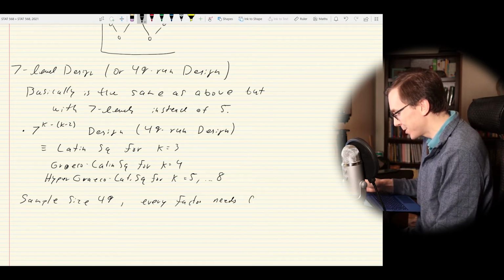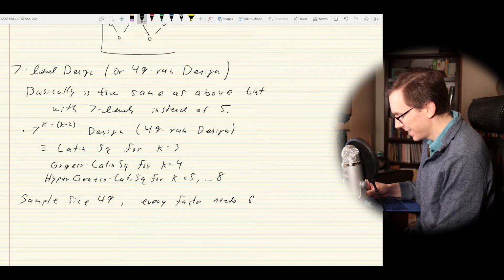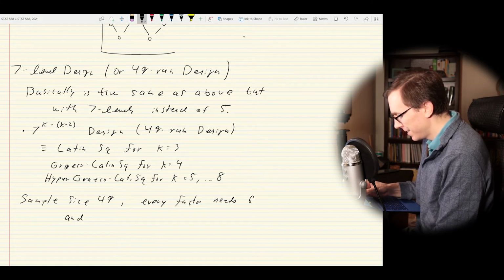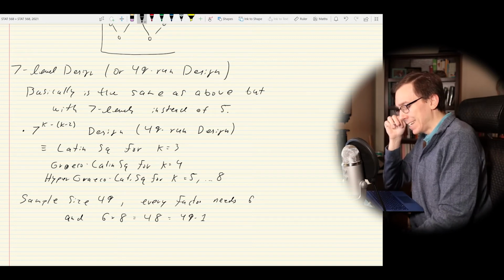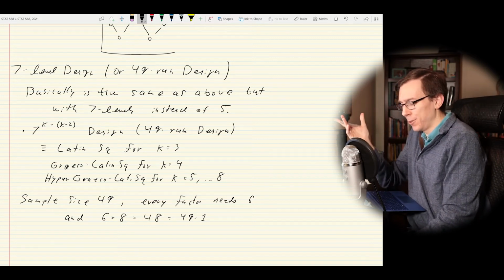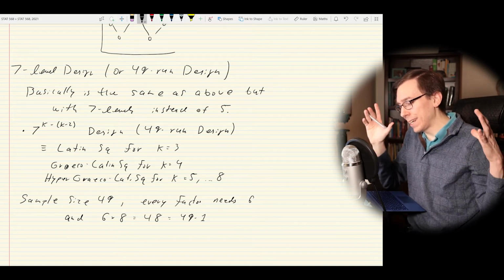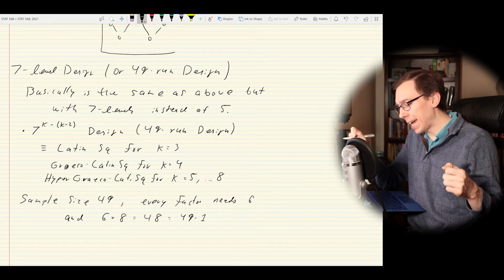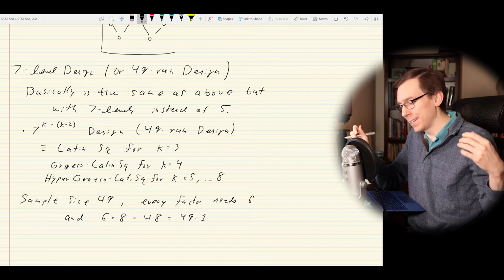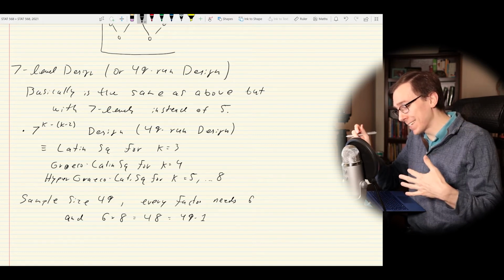Well, it has 7 levels, so we have 6. And 6 times 8 is 48, which happens to be 49 minus 1. So that's the idea: we could take our 49 observations and shove up to 8 different experimental factors into them.